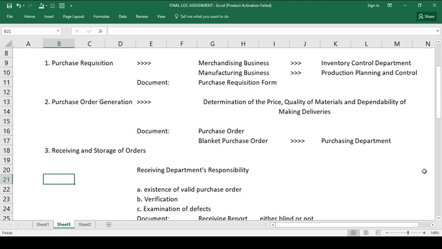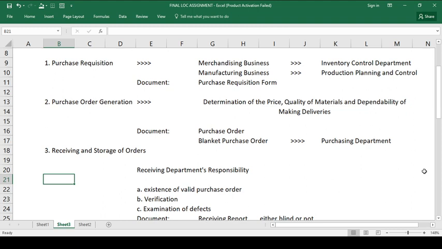Kasi if there is no valid purchase order existing, it means they are not required to receive that particular inventories na dumating sa receiving department. Okay? Take note of that.